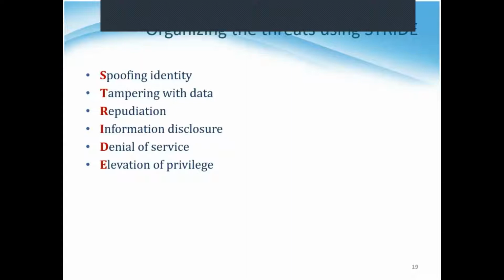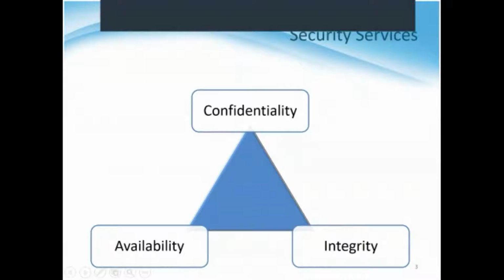These are the 6 ways we can organize the threats in the cloud space. That is STRIDE, a kind of threat model related to the CIA triad: confidentiality, integrity, and availability.